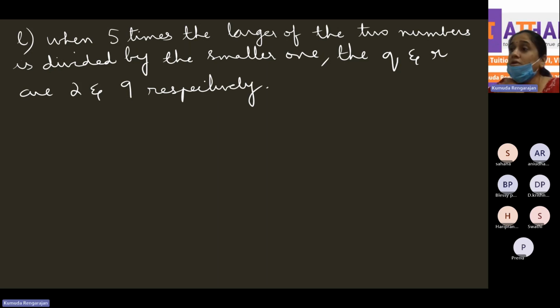Quotient and remainder. Don't write Q and R, write quotient and remainder in full, or if you can understand, fine. When 5 times the larger of the two numbers is divided by the smaller one, the quotient and remainder are 2 and 9 respectively.